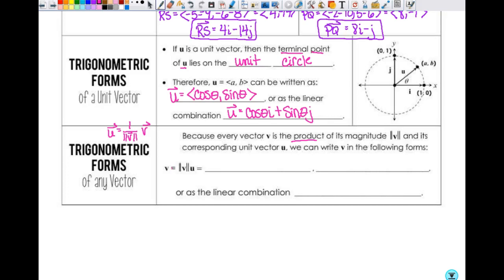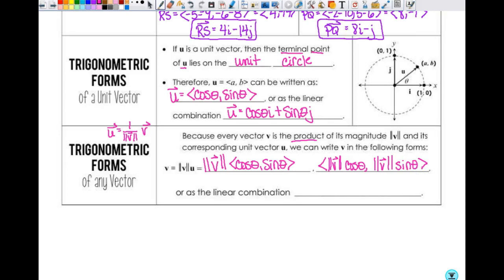So if the vector itself is equal to the magnitude times the unit vector, then it's the magnitude of v times cosine theta, sine theta, or I could go ahead and multiply that in, and it could be the magnitude of v times the cosine of theta, and then the magnitude of v times the sine of theta, all inside there.